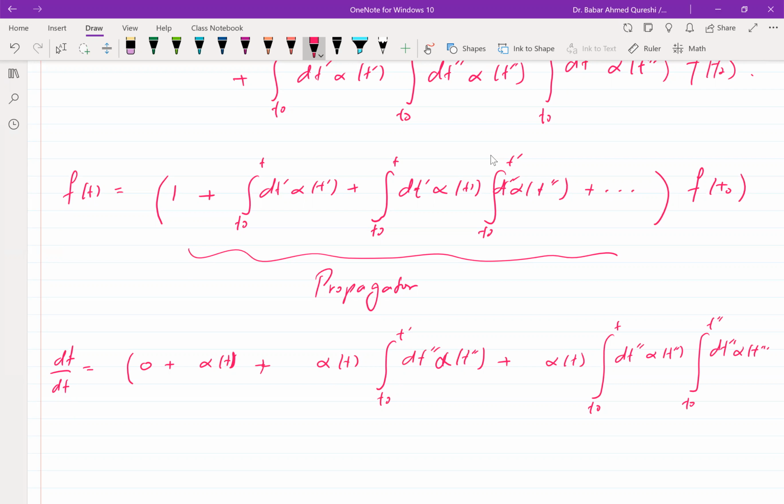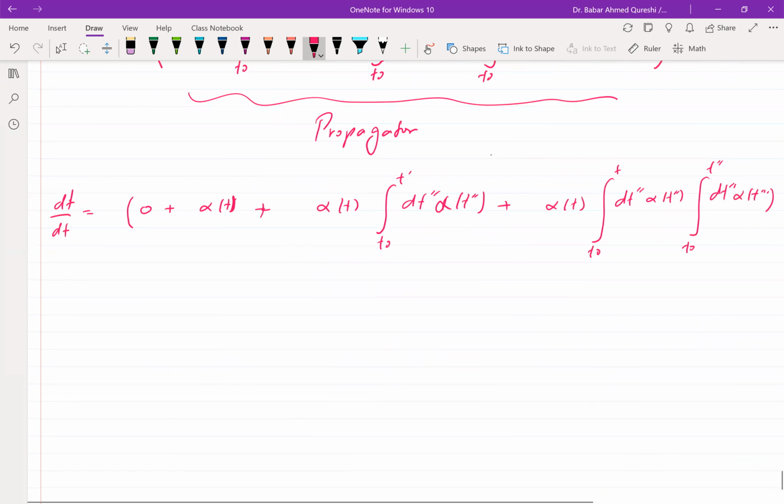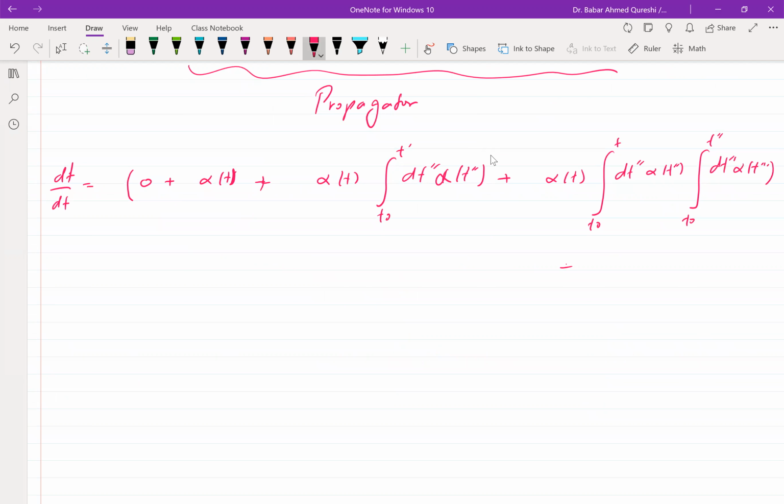This was the third order term, which had now given you two integrals. One integral is removed when you take the derivative, and so on. So you can take alpha of t outside, and inside you have reproduced the same series.